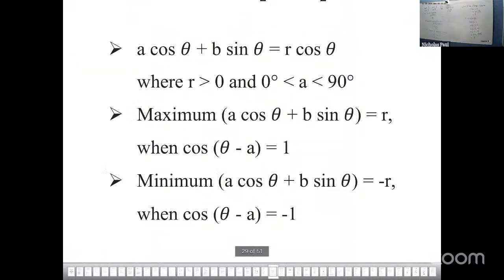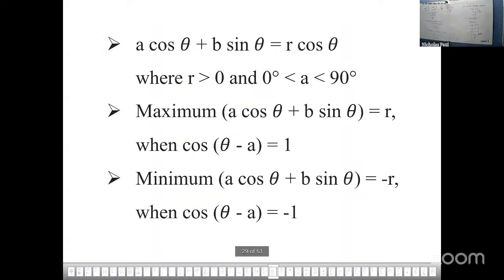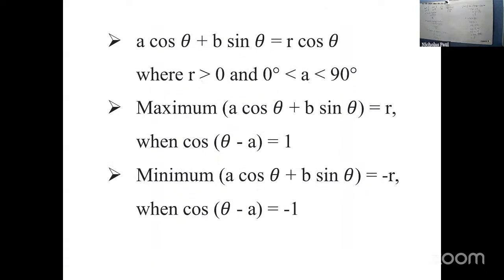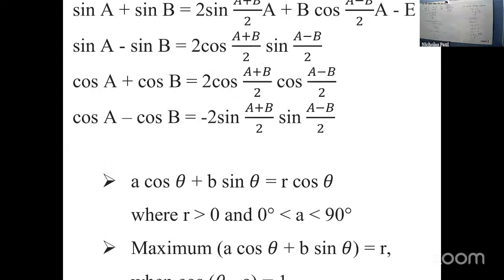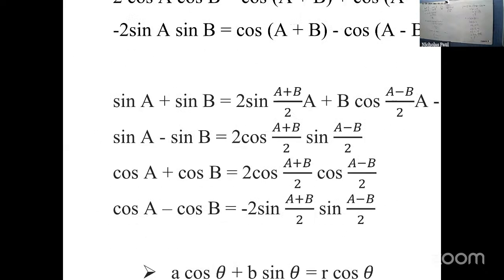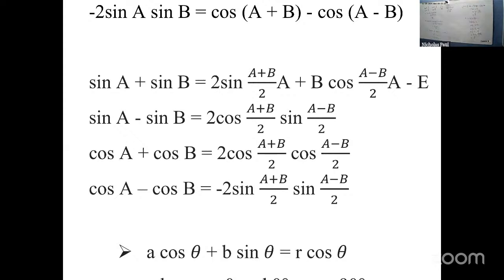This is what we did last day: how to get the max value, minimum value, and so on. The last set of formulas that we have to do are these here. These are called the factor formulas. These last four formulas here are called the factor formulas.